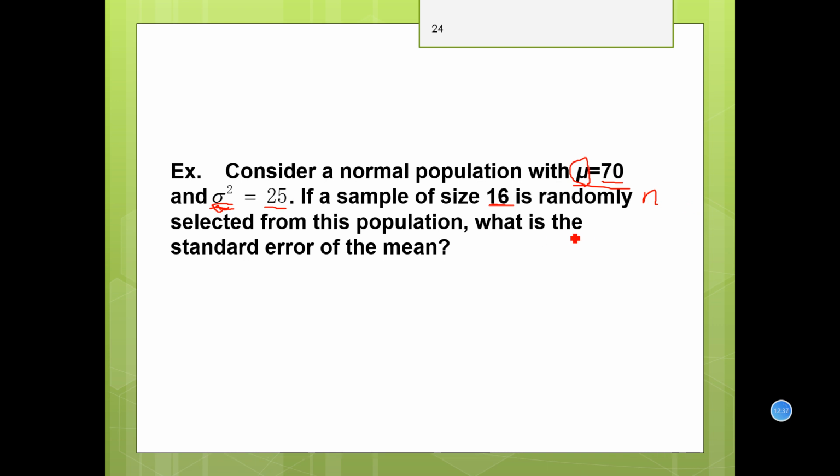Okay, so here the question is, what is the standard error of the mean?